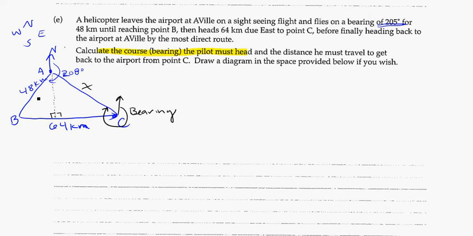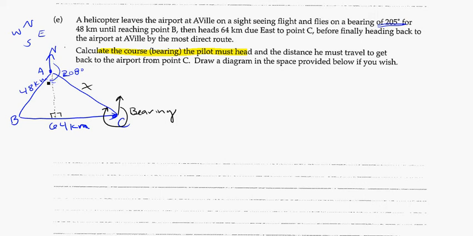Triangle 1 over here and triangle 2 over here. And we've got quite a bit of information. We've got some angle information and we've got some side information. So what else can we add to this diagram? Well, first off, 208 degrees on the bearing to B, so that's from north all the way around.